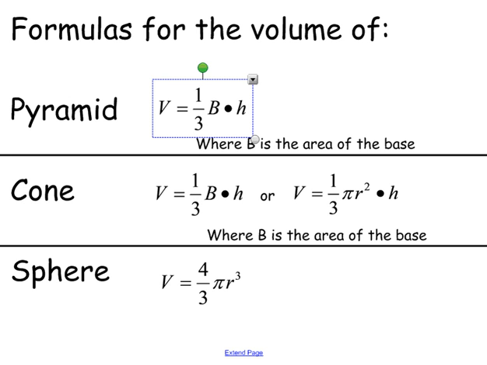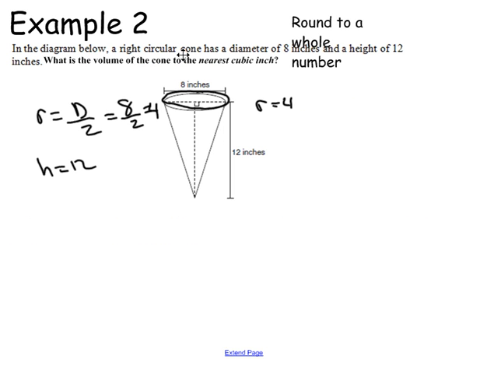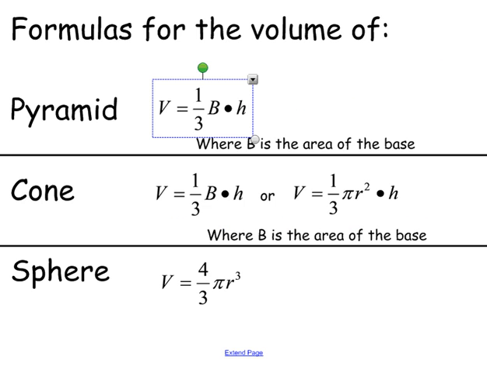And the way I remember that is if it's got a pointy thing like that or like that, then you're going to have the 1/3 in front of it. I don't know if that helps or if it makes it more confusing. If it does, I apologize. Just completely ignore I said that. But that's one way to remember that the pyramid and the cone have a 1/3 in the formula.